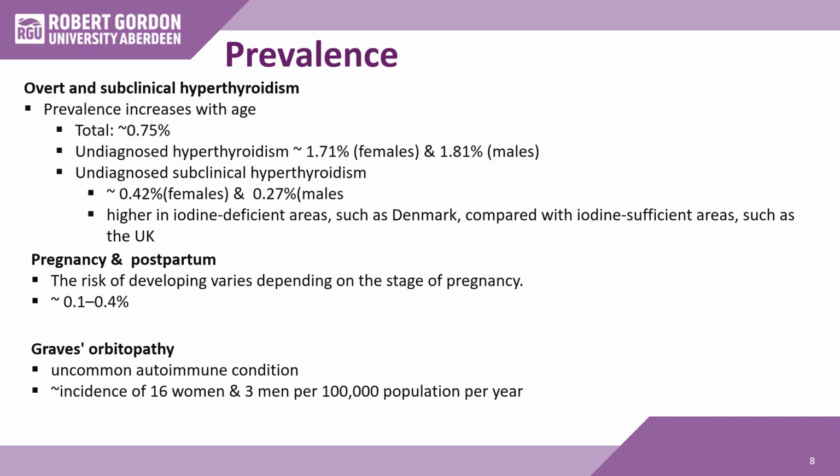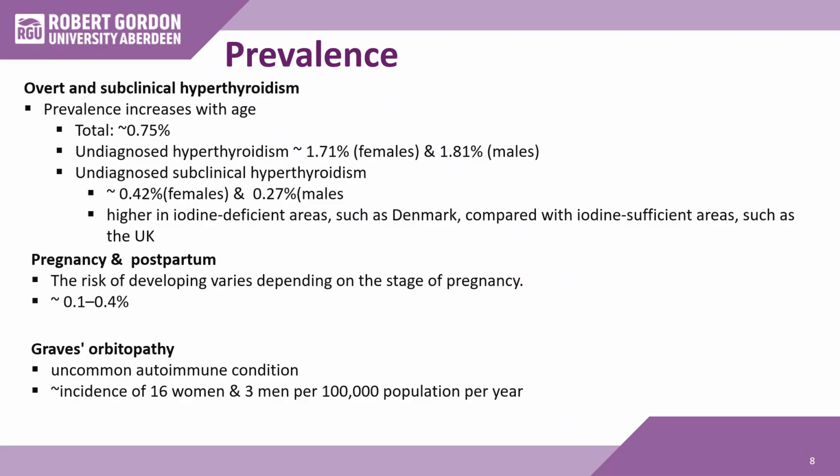So when it comes to the prevalence of hyperthyroidism, it's not uncommon, and it varies by sex, age, and geography. It affects around 0.7% of the European population, and many are undiagnosed, as listed here.